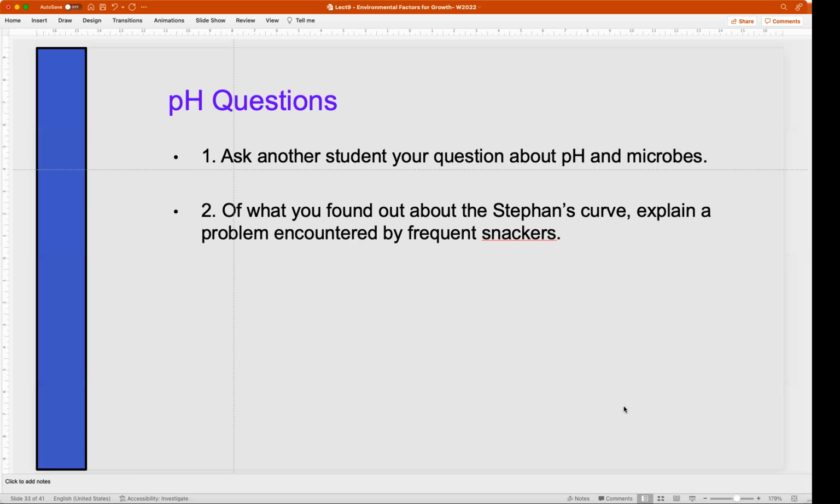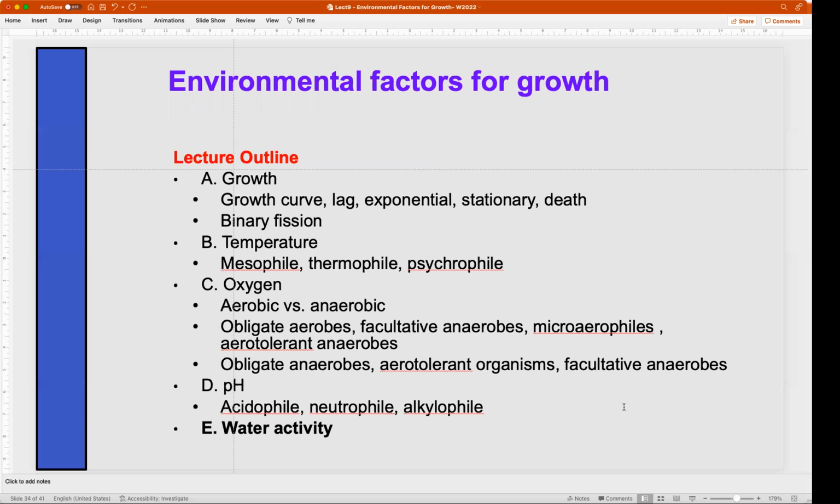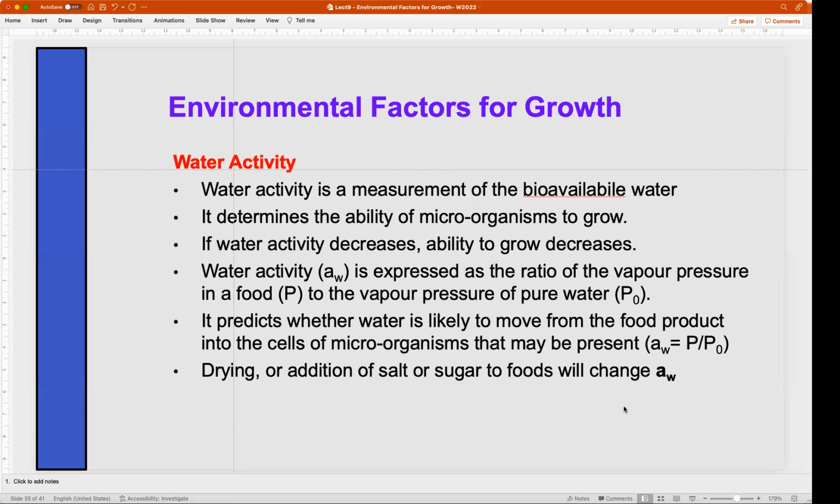Diet. Okay, and the last thing that I said I was going to talk to you guys about is water activity, a measure of bioactive, bioavailable water. It determines the ability of microorganisms to grow. It's a number that expresses a ratio of the vapor pressure in a food to the vapor pressure of pure water, so P over P naught.